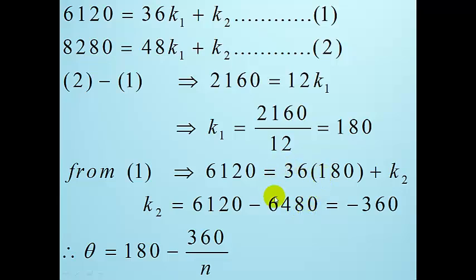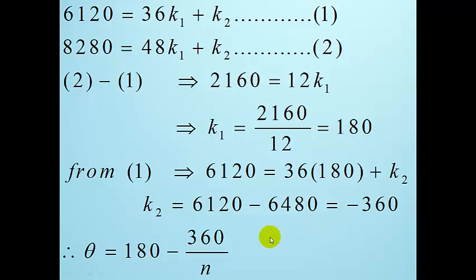And that becomes minus 6,480 on the left hand side is equal to our k2. Now k2 will be equal to 6120 minus 6,480, and when we subtract 6,480 from 6,120, the answer is minus 360. That is how come we had k2 equals minus 360.